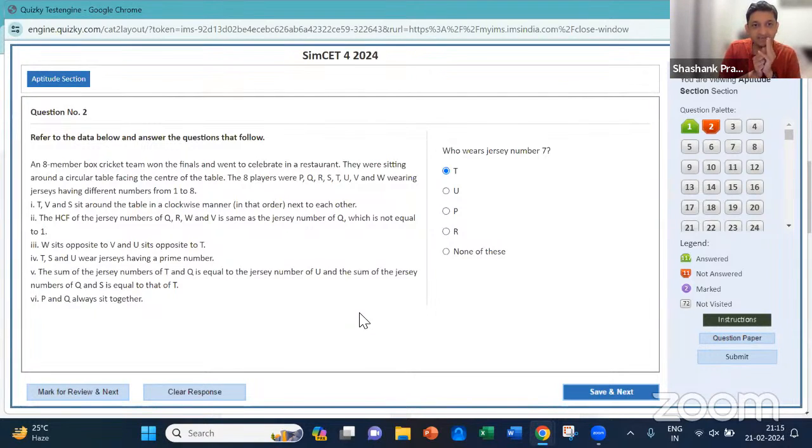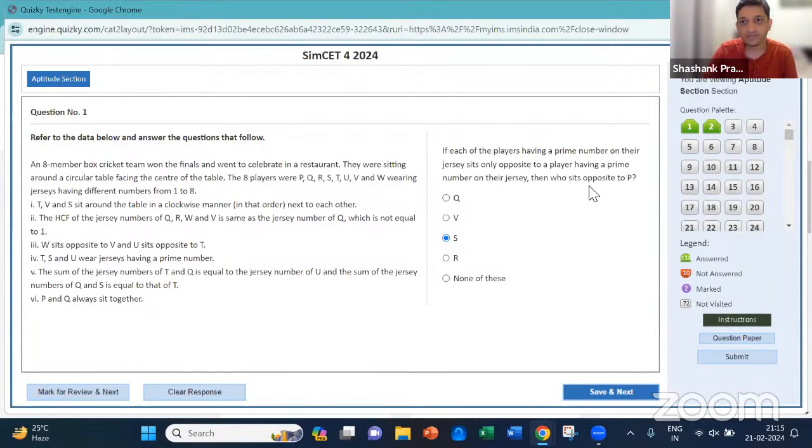If T is 5, 5, 2 won't work, right? So it should be 3, 2, 5 and 5, 2, 7. But one of them is a prime number as well. Oh, so Q has to be the prime number. Q is 2, right? Okay, understood. So Q has to be the prime number.